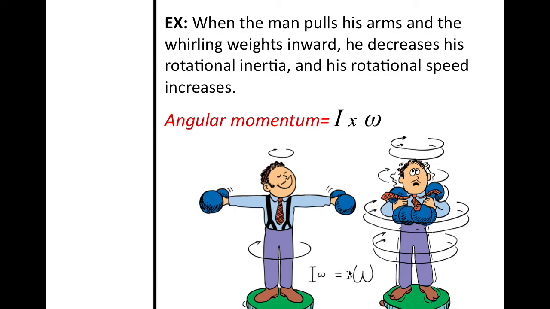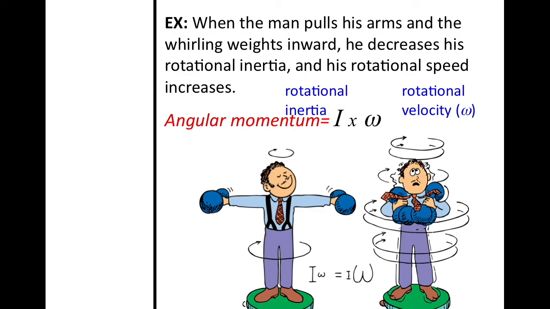Notice down here how by pulling the mass of the weights closer to his center, his rotational inertia is going to be smaller, which means he's easier to move, which makes his rotational velocity greater, so he's actually spinning faster than if he were to pull his arms out and take the mass away from his axis of rotation, which would then increase his rotational inertia, which would mean that he is harder to move.